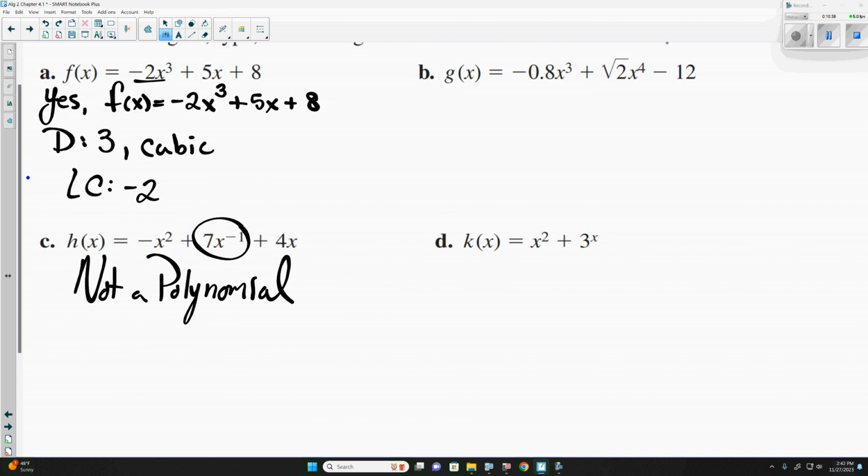So it is 1. Because the negative exponents and fractional exponents have to be attached to variables. If they're attached to numbers and not the variable, that's fine. So this is, yes.